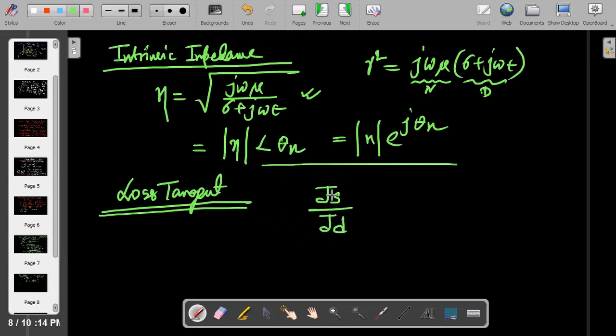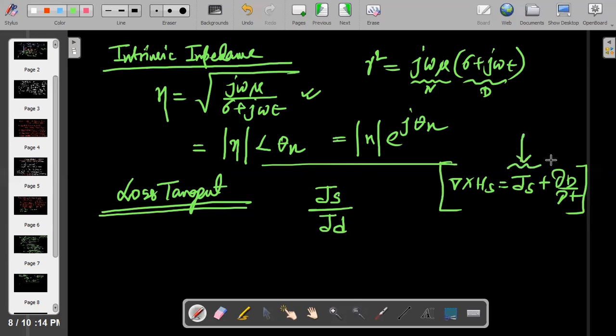Now, what will be your conduction current? You remember this equation, del cross HS is nothing but, what I told, JS plus del D del T. I think all of you can recall these equations, correct? So this JS is your conduction current and this del D del T is your displacement current. Please remember what I told about the equation of continuity, modified Maxwell's equations.